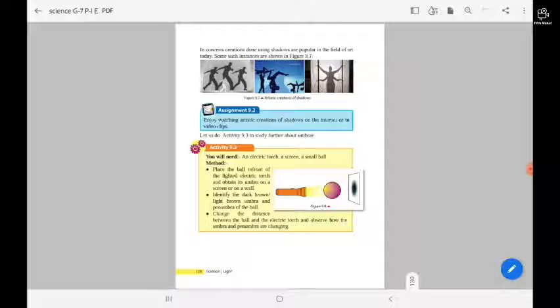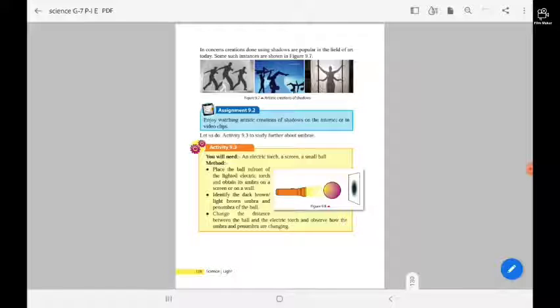Then the next thing is they do like this. The light rays do like this. So remember that, okay? So then the next one, if we remove the cloth, there are 2 women in there. So enjoy watching artistic creations on shadows on the internet or in video clips.